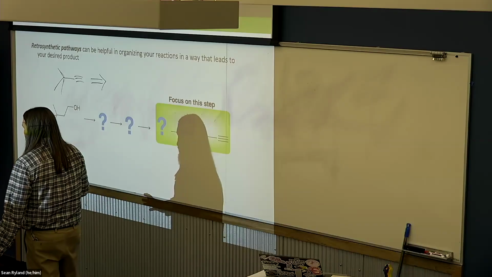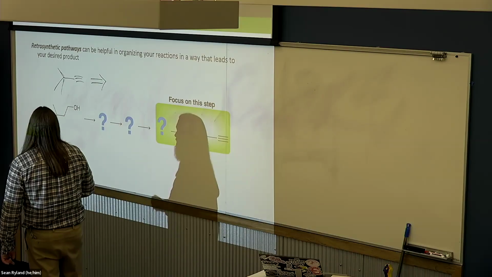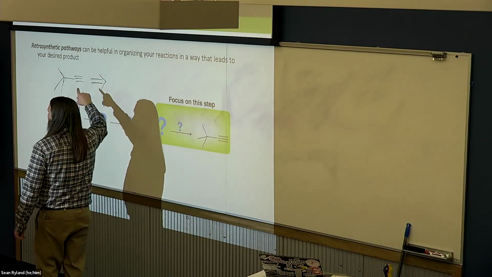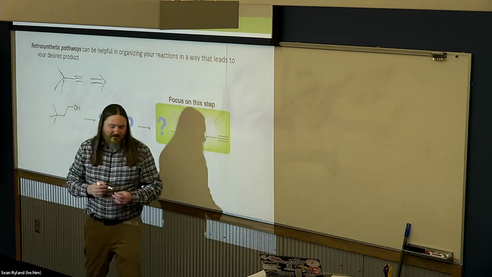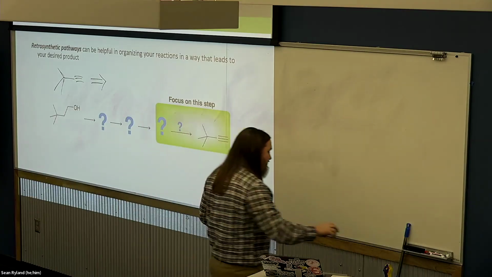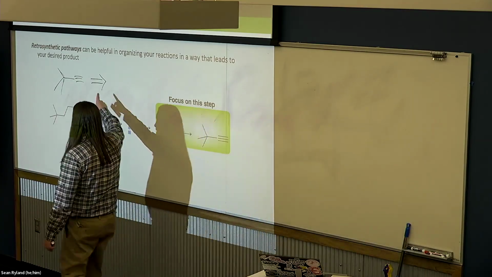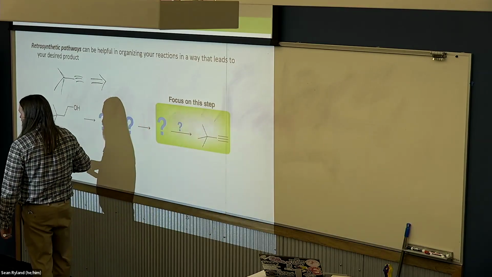I don't like that though, because I'd rather just write from right to left. It's confusing to say I'm writing from left to right, but thinking from right to left. Doesn't make a whole lot of sense to me, so I don't use those arrows. But if you see an arrow like that, that just means we're thinking backward.